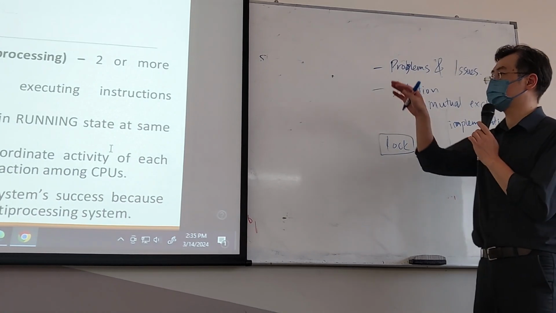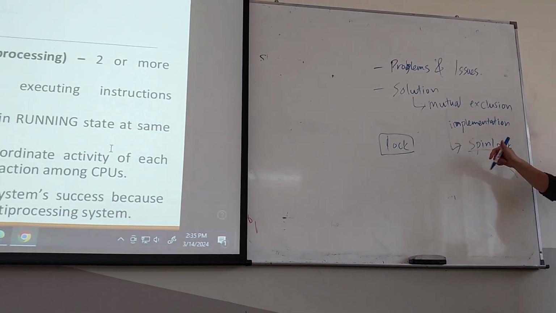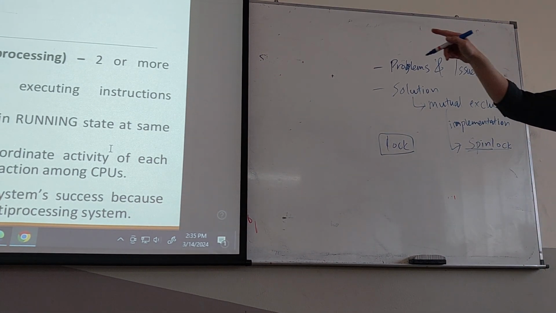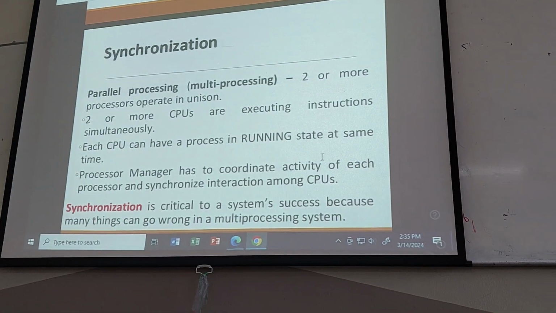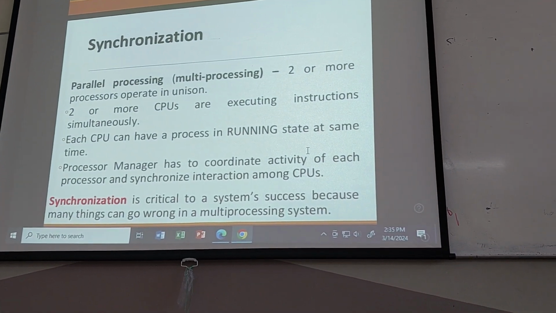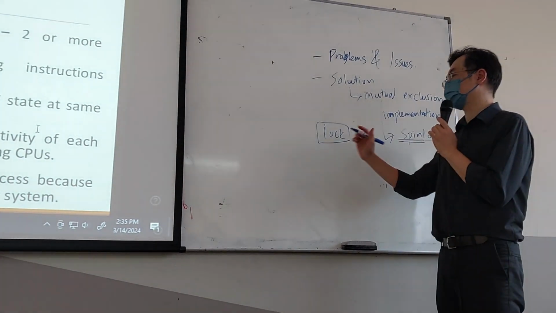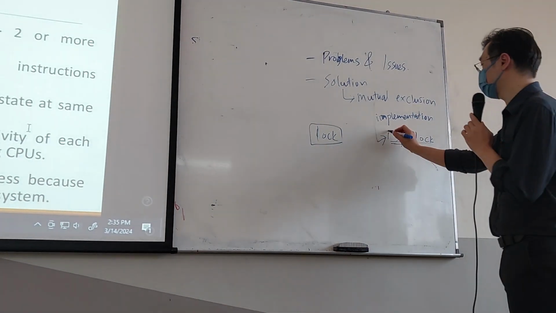So the slide writes lock, but you have to think of it as spin lock, or maybe you go to the slide and change it. Maybe I can go and change it because this one is not a PDF. But right, we should call it spin lock. Lock is another related term, but it has a different meaning. We're going to talk about spin lock first.